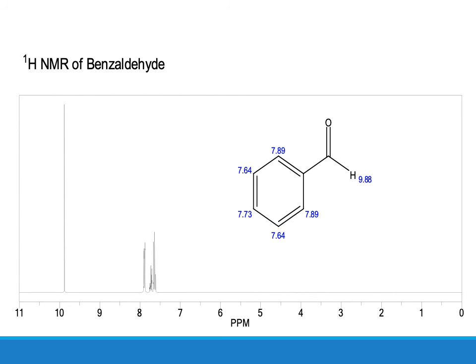This is the lowest energy hydrogen. And then we have two hydrogens actually connected to the C double bond, and those are seen at 7.89, and the others are seen in the lower range.